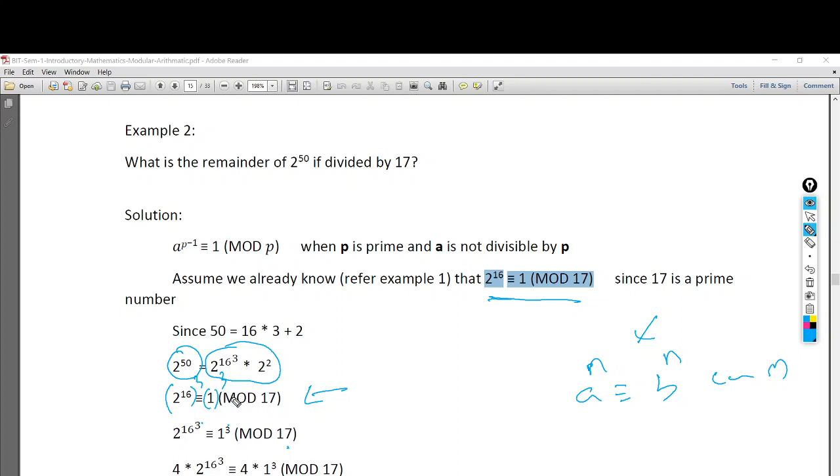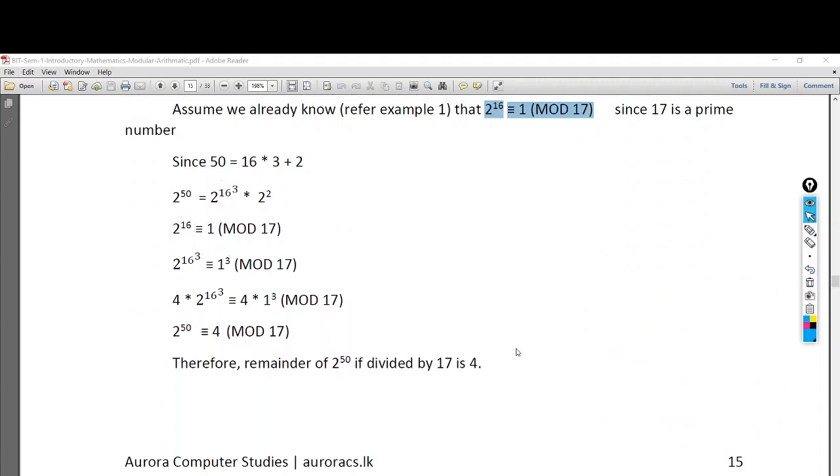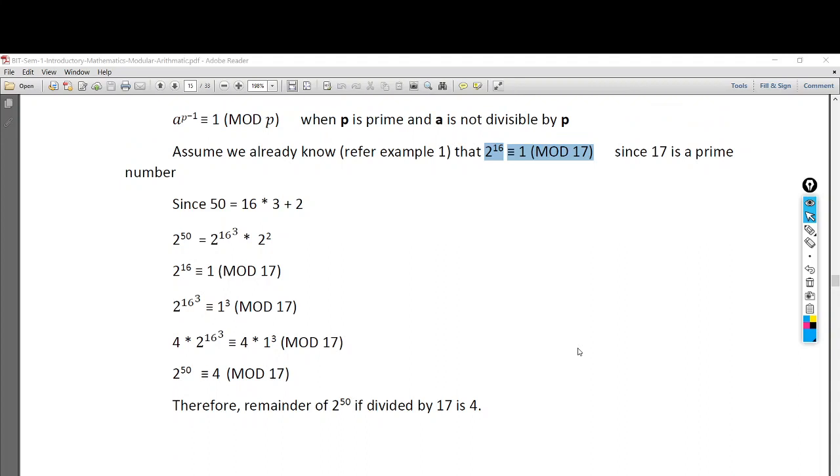So we can write it like this: 2 to the power 16 to the power 3 is 1 to the power 3 mod 17. Then we have to multiply again, because what we need is not 16 to the power 3. We want the 50, right?